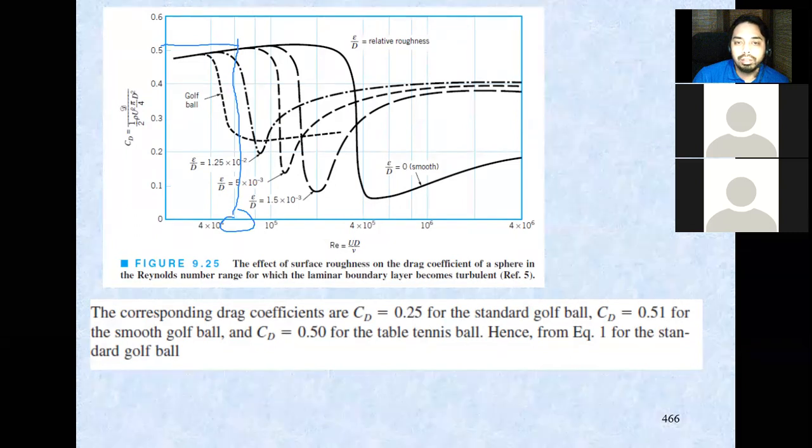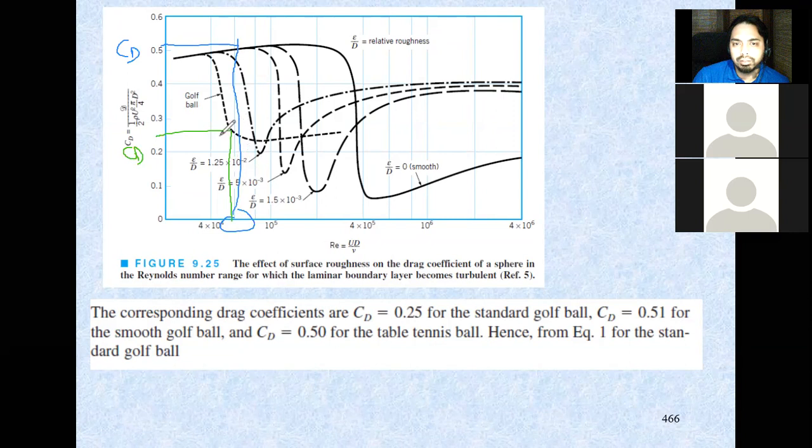Let's say if you have dimples, with E over D, you follow this one, but now only until this point, and then you get the CD over there. In our case, E over D is closer to this one.